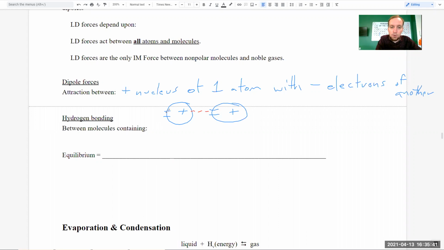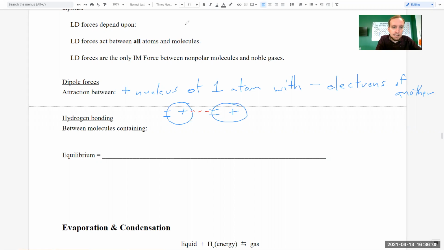Again, then these will move away because they don't want to get too close to those. That doesn't last very long at all. Again, this is a dipole-dipole. They're both dipoles, which means two poles, a positive and negative. And again, it happens very quickly and goes away equally as fast. So that's called a dipole-dipole.